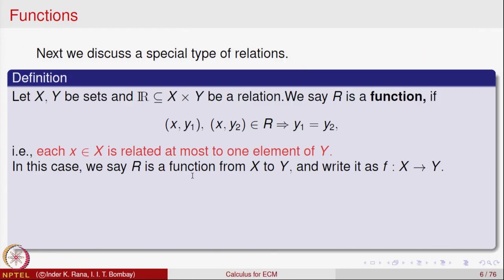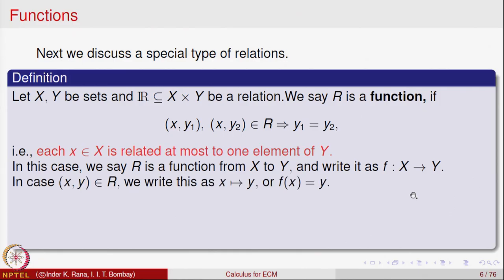Such a relation is called a function from X to Y, and we write it as f colon X right arrow Y. So, if x is related to y, in this terminology we will write it as x maps to y, or we also write f of x is equal to y. This is how slowly we are developing the notion of a function and the language in which functions are written.